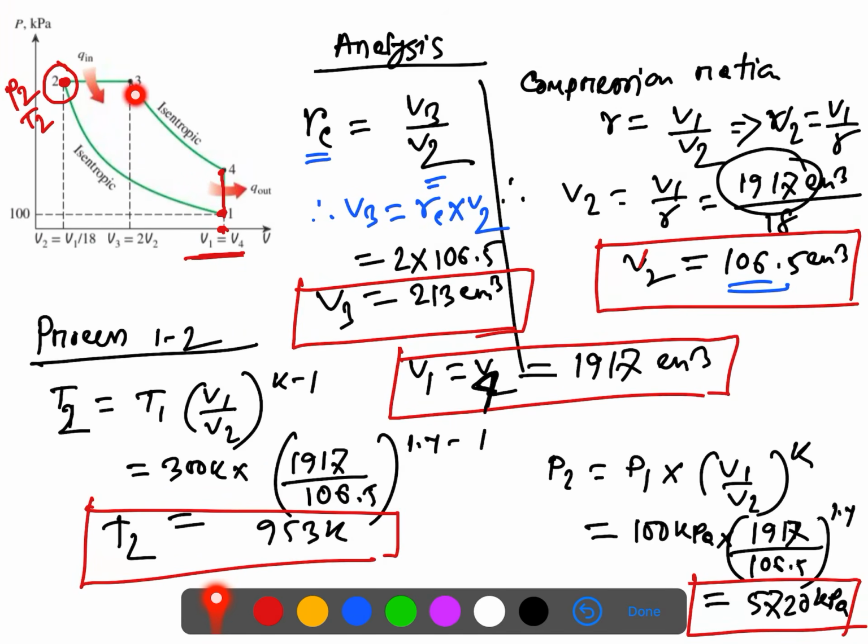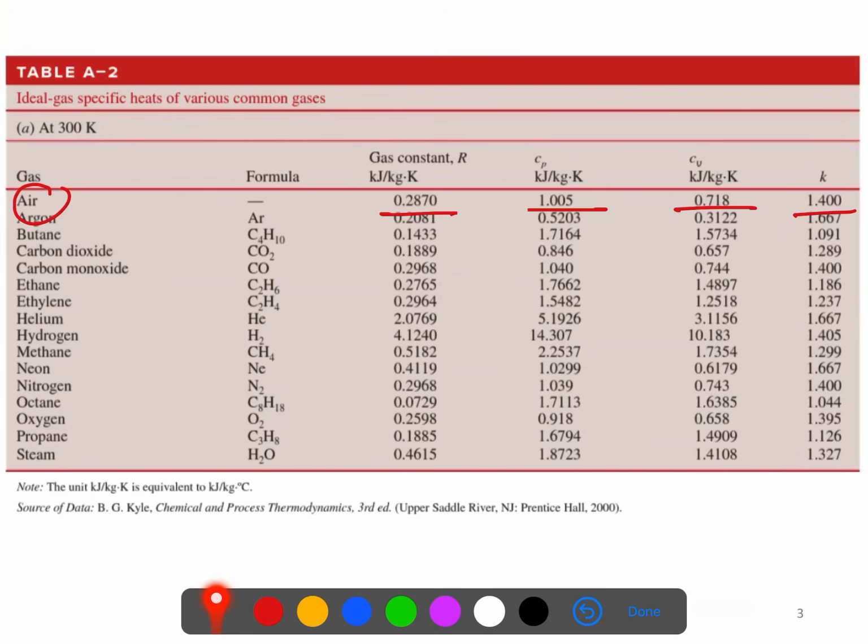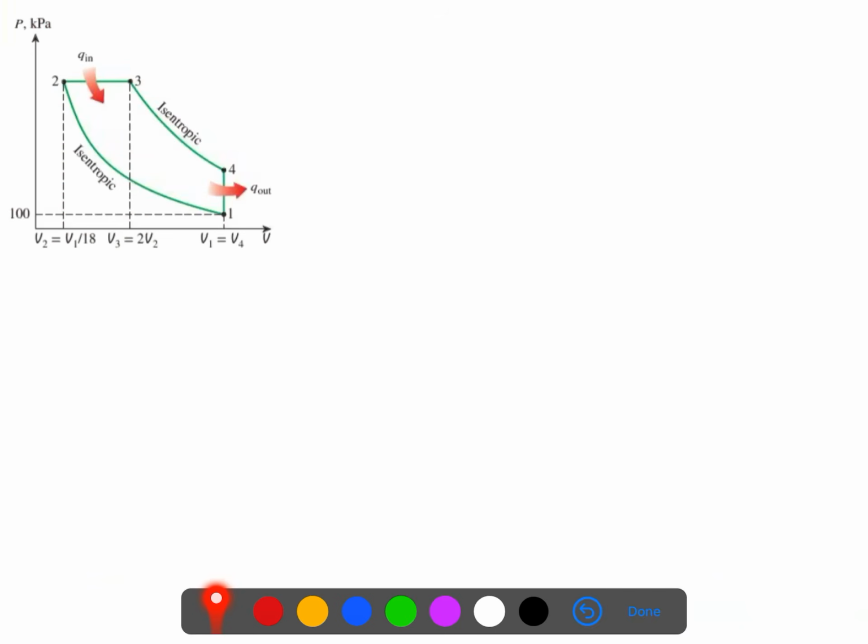Now at process 3, what is happening, guys? Process 2 to 3 is a constant pressure process. If you look at this point, process 2 to process 3, the volume is changing but the pressure is constant.